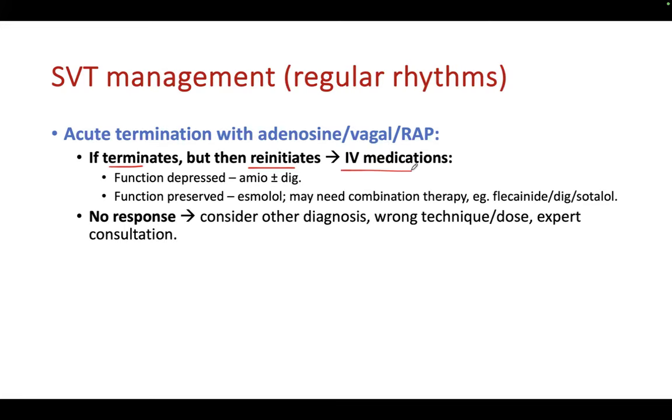So then you want to give medication so that next time you give adenosine, perhaps it will stop for good. You want to help the patient by administering usually IV medication, because you want fast acting medications.